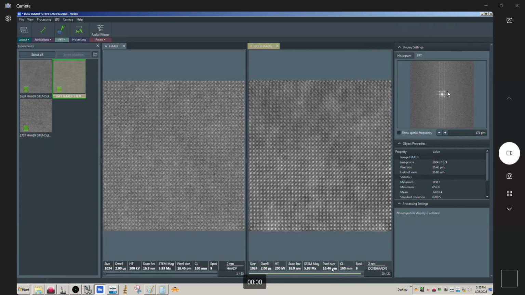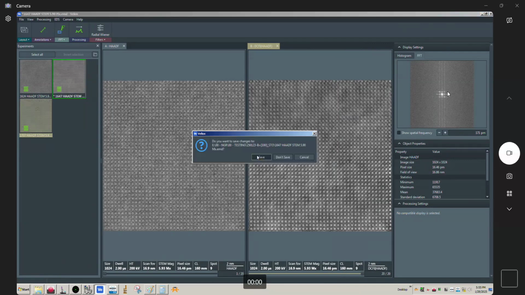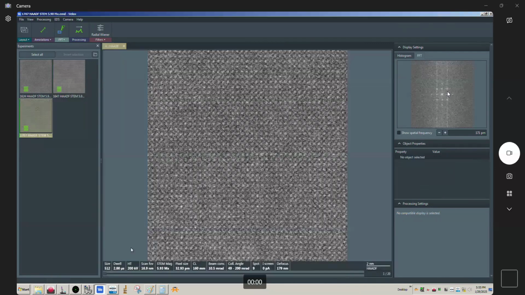And then it becomes, in this case, 1/2 of a second approximately per frame. And I actually have that right here. So this is now 512 by 512, 2 microseconds a frame. We're not really losing any detail in the picture. You can see in the FFT that my Nyquist limit isn't as big as it was, but based on the magnification and the size of the pixels, I'm not really losing any detail in the picture, okay?